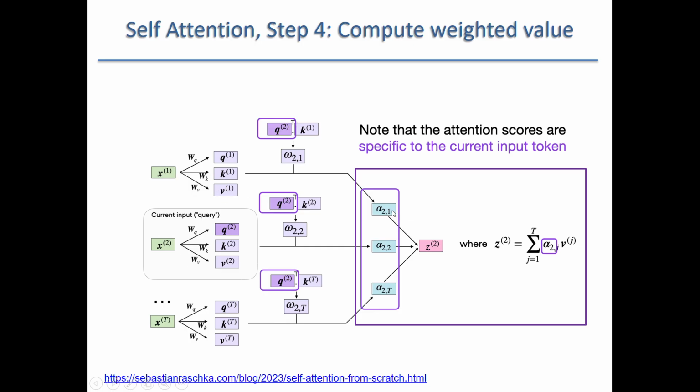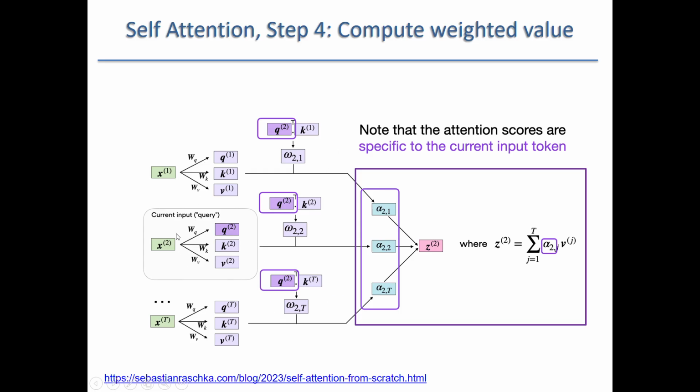So we have all the similarities between the query 2 and all the keys 1, 2, and t. And then we have all the values. So all we have to do is a linear combination of the different values according to these normalized attention scores. That will be our output, and this is the attention mechanism.